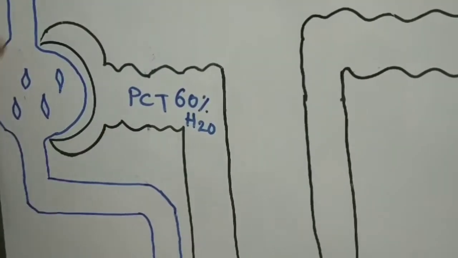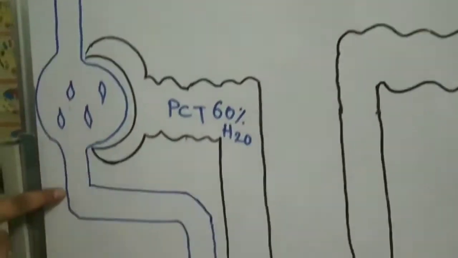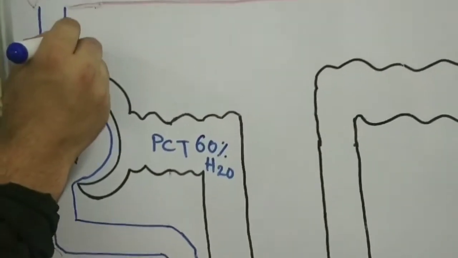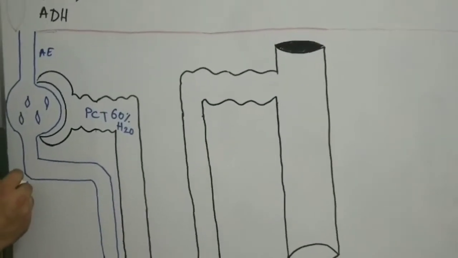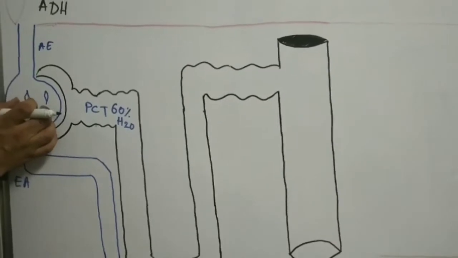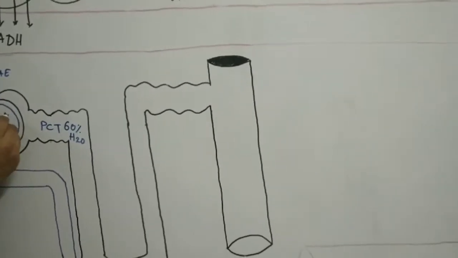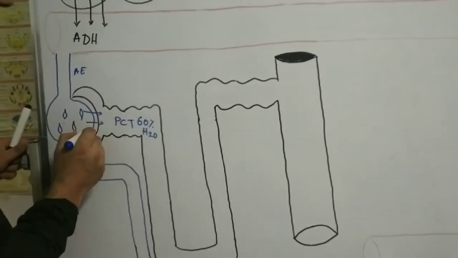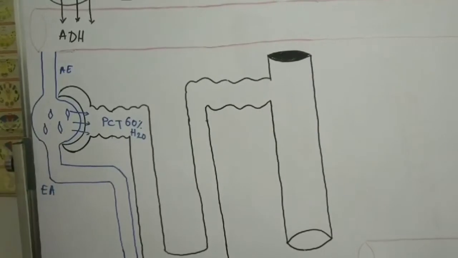Here I have shown you the afferent arteriole and the efferent arteriole. Here is your glomerulus, where the filtration actually occurs. This is the filtering unit of the kidneys.